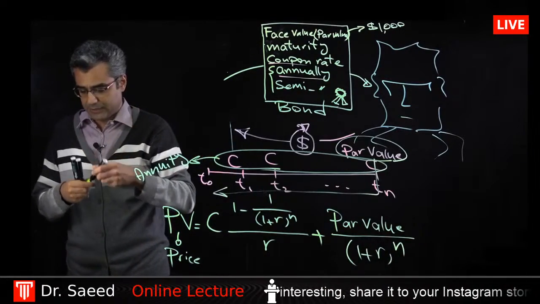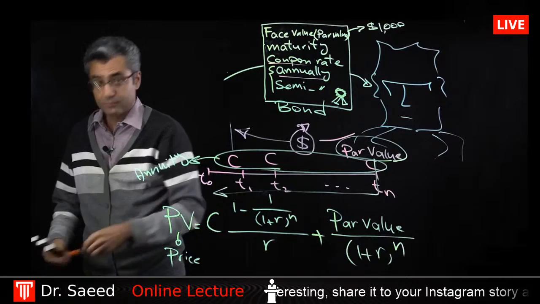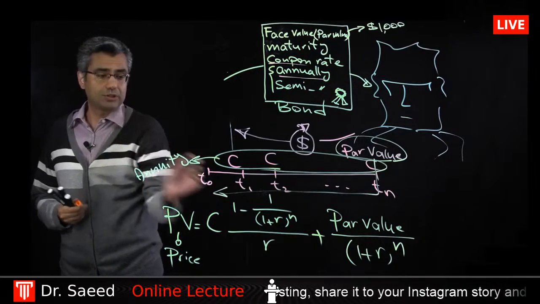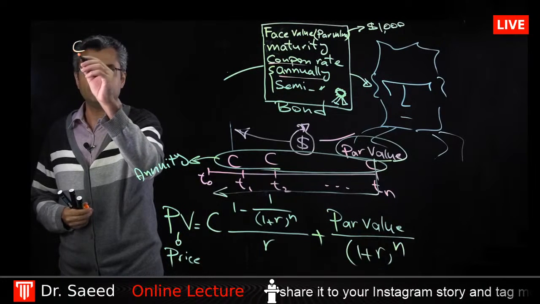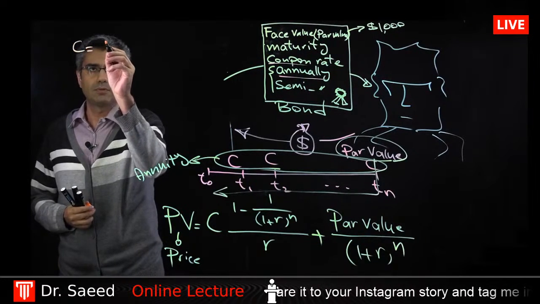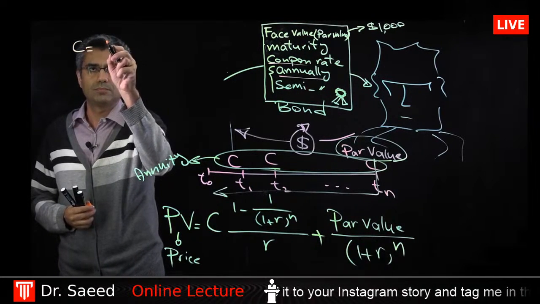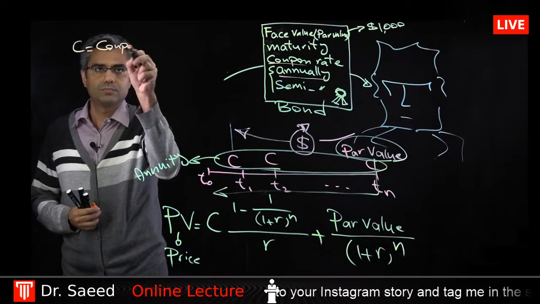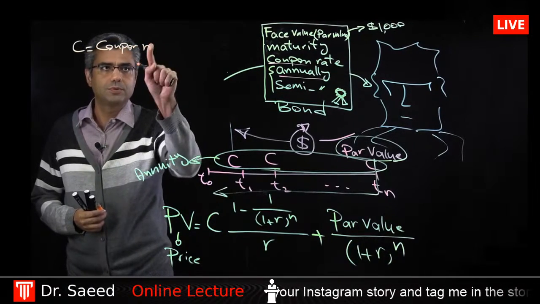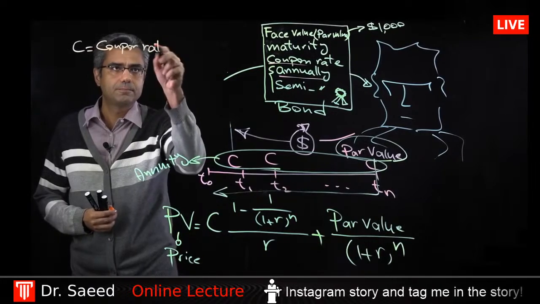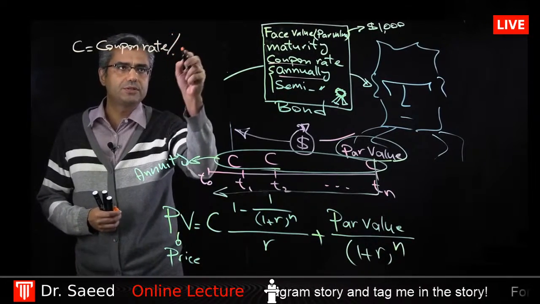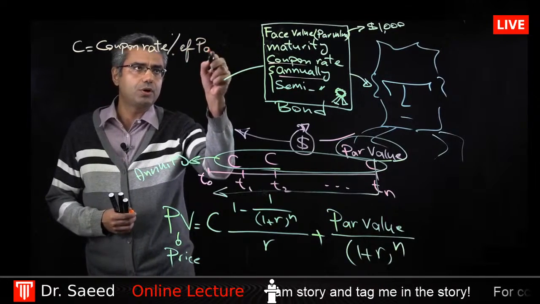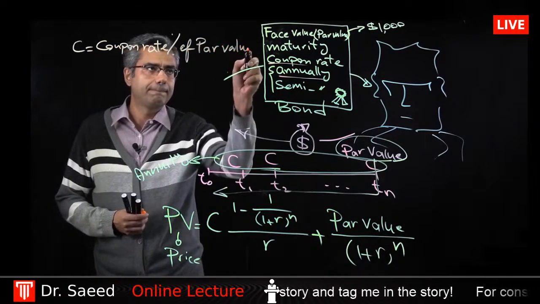The coupon payment C is the coupon rate as a percentage of par value, right?